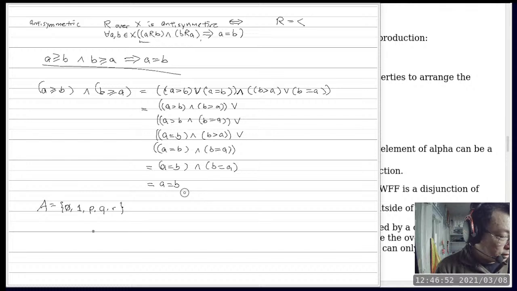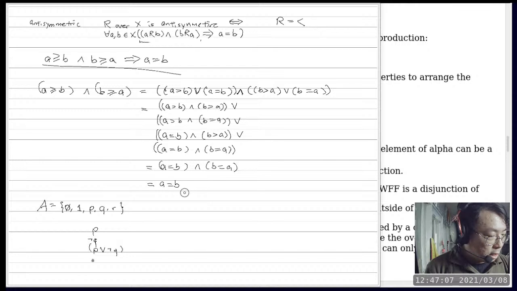So that means P by itself is a well-formed formula. Not Q is a well-formed formula. P or not Q is also well-formed. P or not P, which is not very useful, is also well-formed.